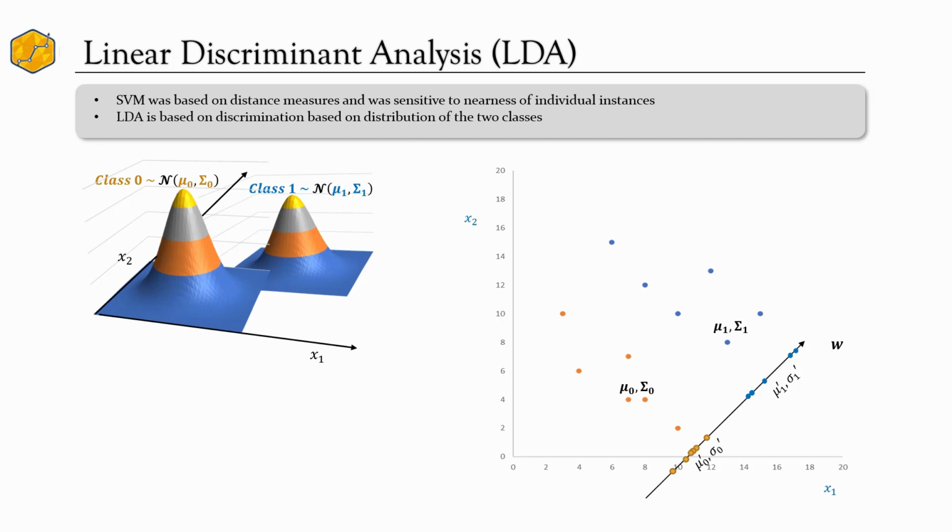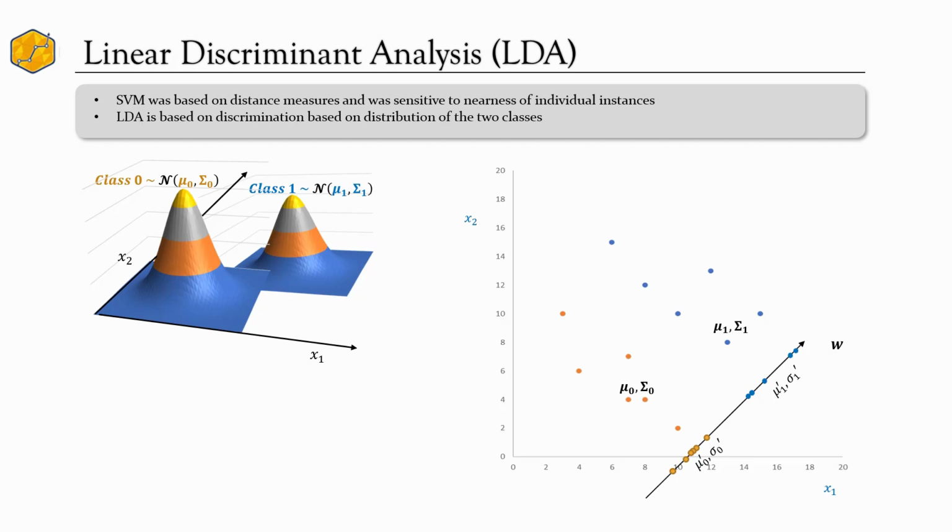This is all univariate. That's why you see mu0 dash and sigma 0 dash are scalars. They are not vectors because these are just simple mean and variance calculations on these projections. So I can calculate the projected mean and projected variance along W for both these classes, and these will be scalars.